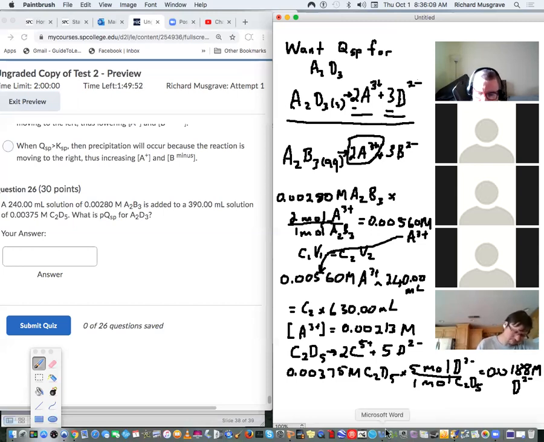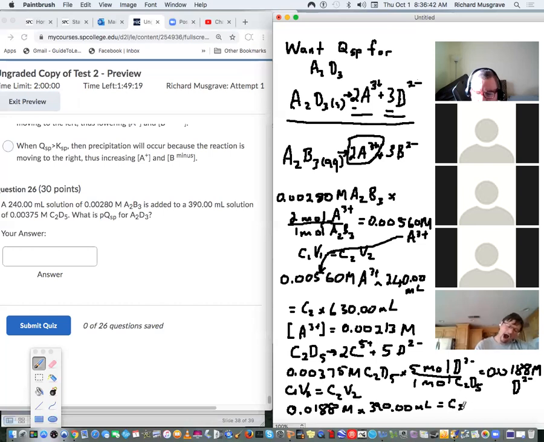So after that, I need to do the dilution. So C1V1 equals C2V2. And the C1 is 0.0188 molarity multiplied by the volume we initially have of that, which is 390.00 mLs.